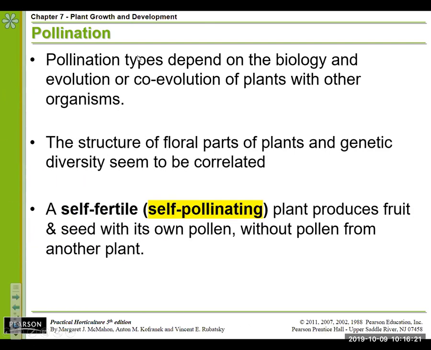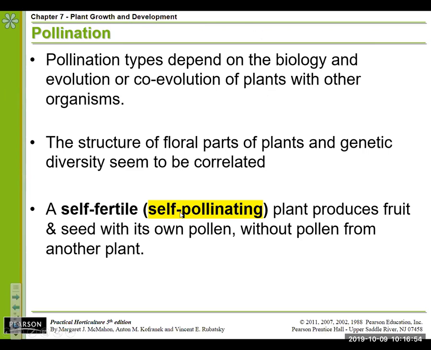And those pollination types are going to depend on the biology of the plant as well as how it evolved. If it co-evolves with other plants and other organisms, a lot of times insects, a lot of times it's going to be cross-pollinating. And it will actually have some kind of mechanisms within the plant that prevent self-pollination because they need genetic diversity in order for the plants to really persist.